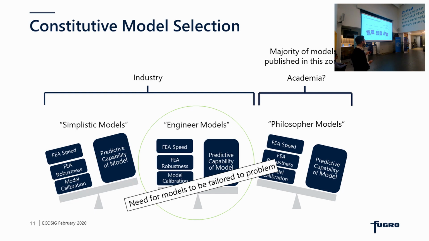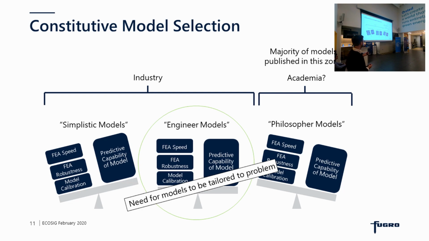And we have very complex, what's often termed philosopher models, which have a very high predictive capability, so are able to represent soil response in a very detailed way, but suffer from problems regarding speed and robustness of numerical analysis. So it's up to us really to make a choice in terms of the soil response that we measure for our site and the way we're going to then go about modelling that in our finite element analysis.